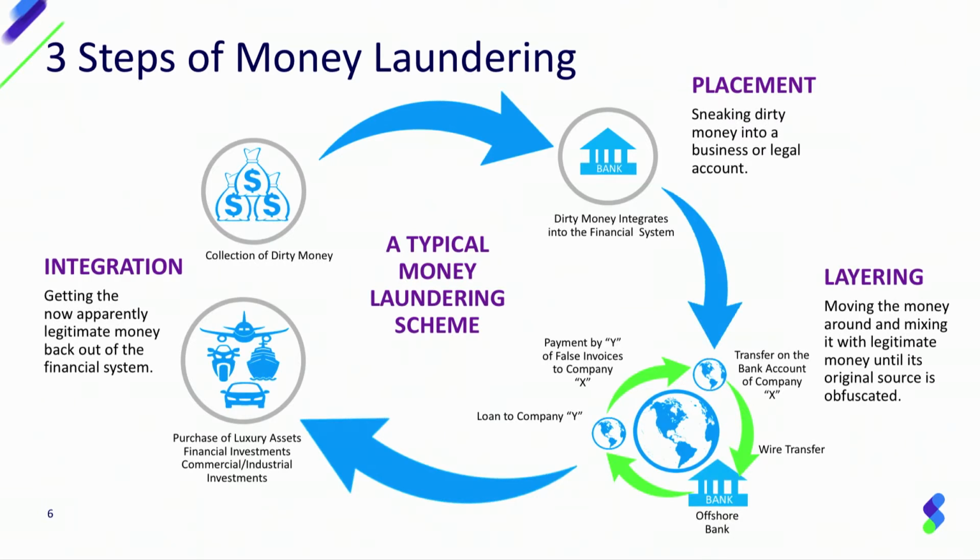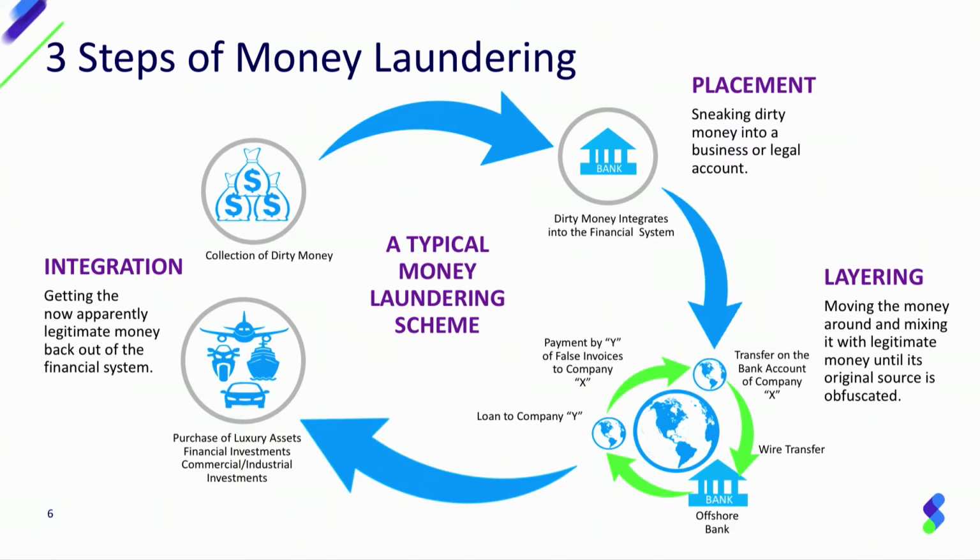So in a typical scenario, there are 3 steps called placement, layering, and integration. In the placement, the goal is ultimately to sneak that dirty money originating from the criminal activity into the financial system. This usually happens in the form of, for example, a large cash purchase of some goods, or it can also happen through foreign exchange.